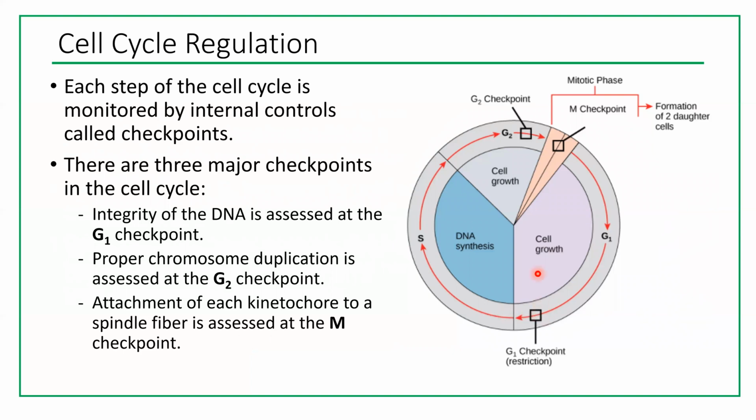So what is checked in G1? In G1, what is checked is whether the DNA inside the cell is functioning normally, if the cell is growing correctly and performing all its functions. And if the cell is growing correctly and performing all its functions, that means the DNA does not have many errors, no mutations, right?